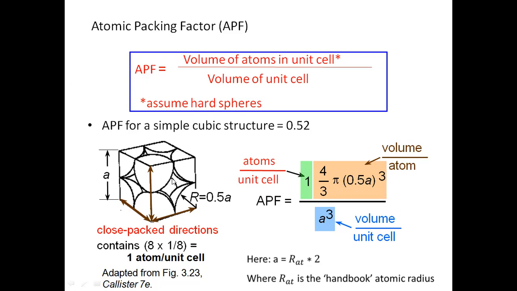Sorry, I think I was giving you the one for the body center. This is simple cubic. So for simple cubic, it's simply A cubed, that's the volume. Then for the volume of the atoms, when you draw that line, it's touching how many atoms? Two of them, and not 3, like I earlier said.